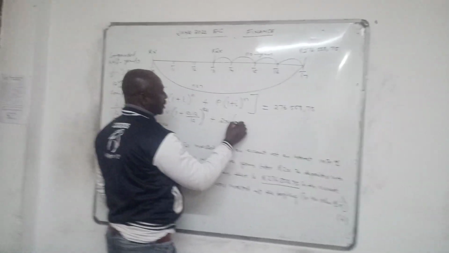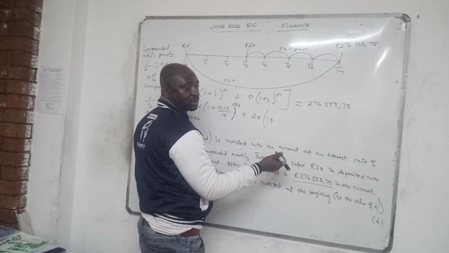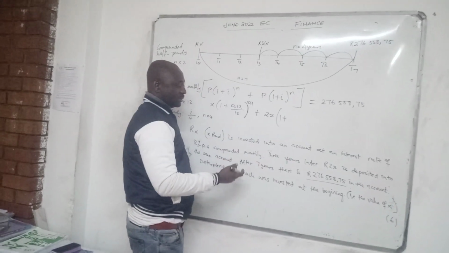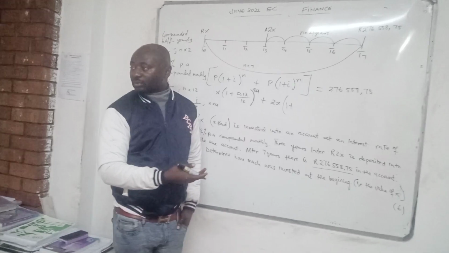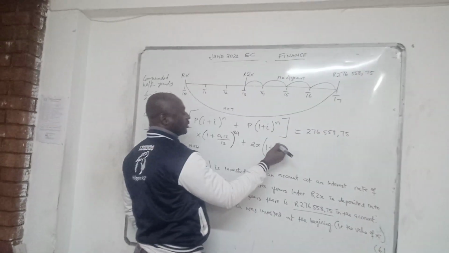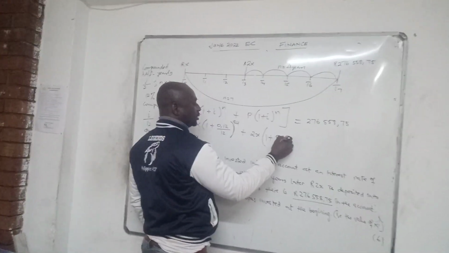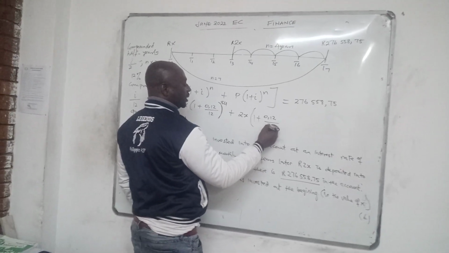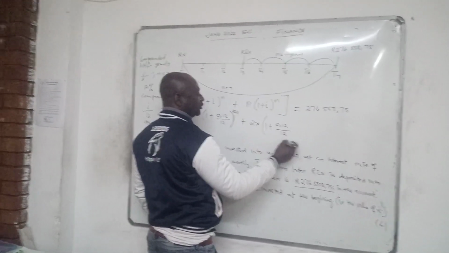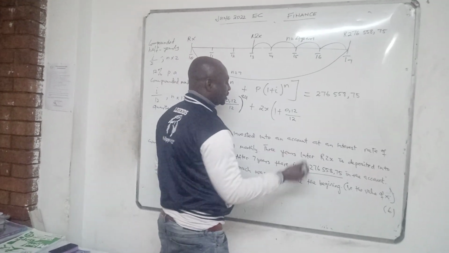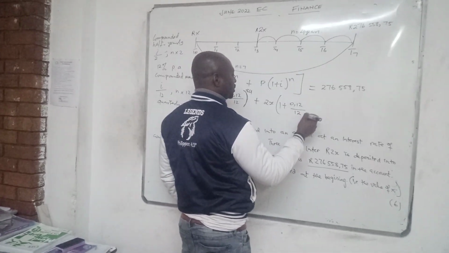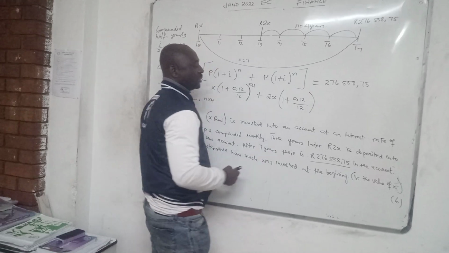So here is still 1 plus I. The interest didn't change. Sometimes they say the interest changes, but here the interest did not change. So it's still 12%, which is 0.12 divided by 12, because it's still compounded monthly. The investment terms did not change. To the power n.